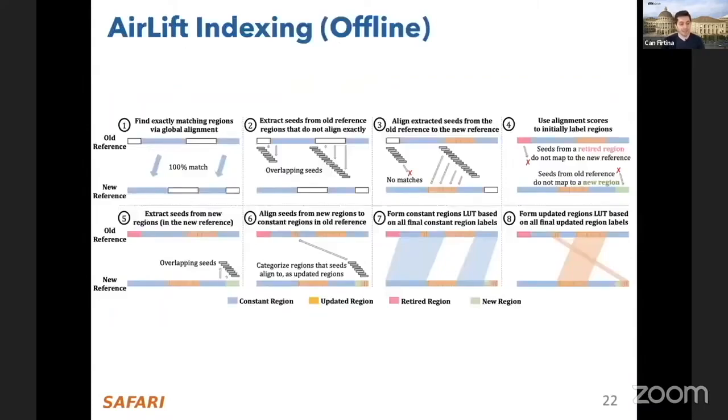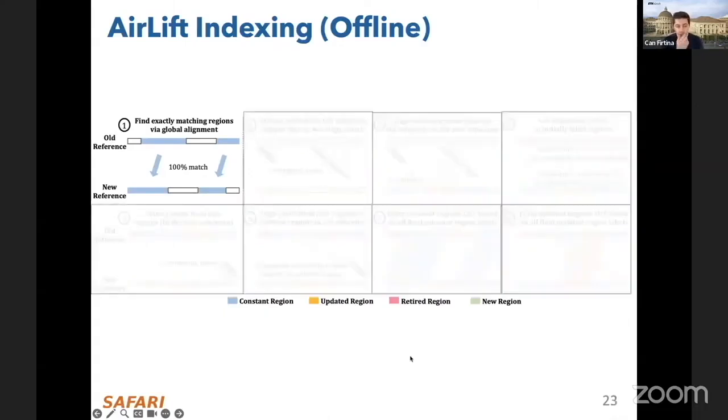So the AirLift indexing step has 8 steps, and the goal is to accurately identify all these 4 regions that can exist between the old reference genome and the new reference genome. So I'll now quickly go over all of these 8 steps to illustrate how we're constructing the AirLift index.